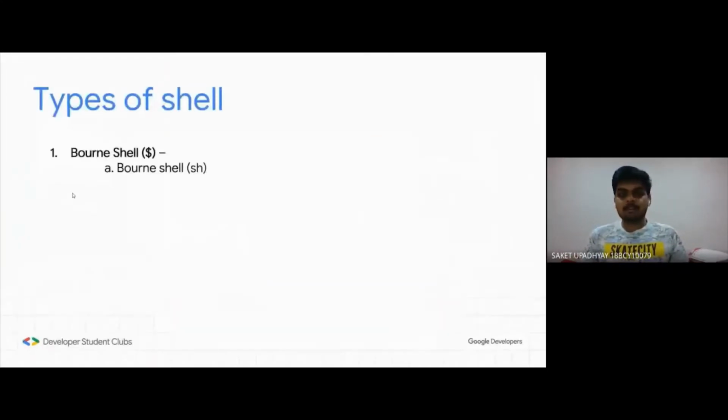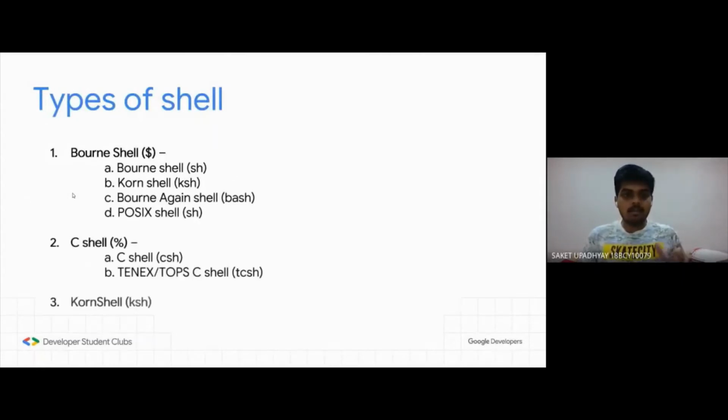So, types of shell. We have the Bourne shell, and then we have different variations of this. Here you can see one familiar name, bash, and sh. When we generally use a Linux operating system, you have heard of bash or sh, so /bin/bash or /bin/sh. These are the different types of shell programs.